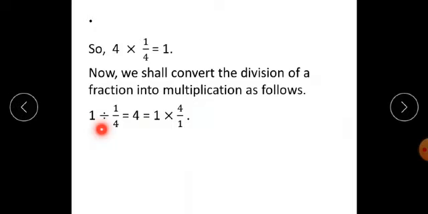If you want to convert division into multiplication, you have to take the reciprocal or multiplicative inverse of the second fraction, and therefore 1 into 4 upon 1. 1 into 4 gives you 4, therefore the answer is 4 here.